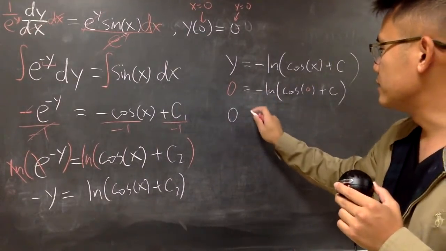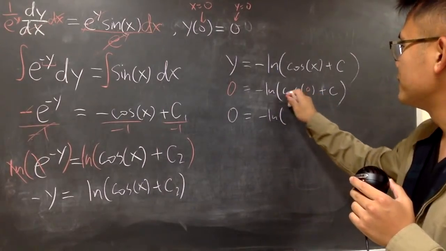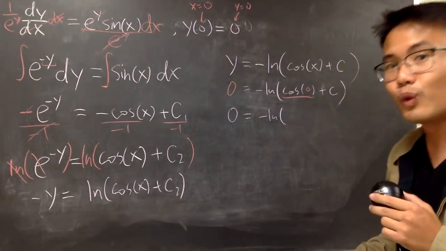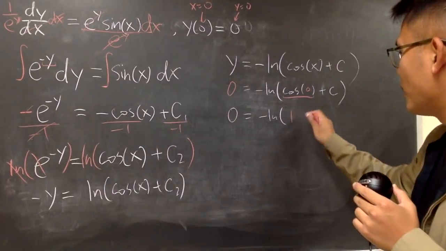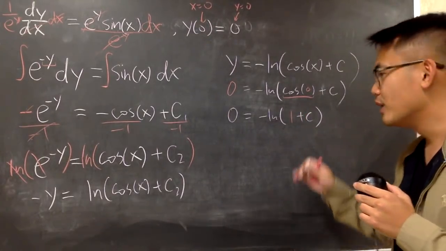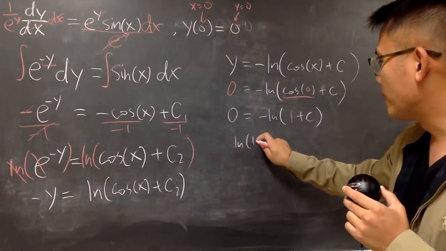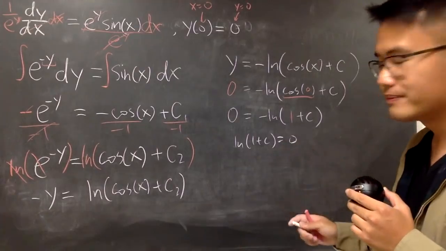And left-hand side is 0. This is negative ln. Cosine of 0 is 1. So we have 1 plus c inside. To solve for c, we can divide both sides by negative. So you're talking about ln of 1 plus c equals 0.